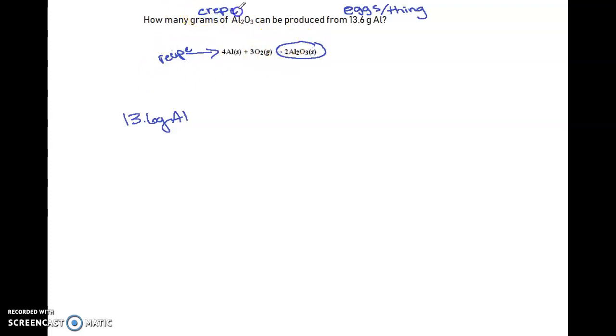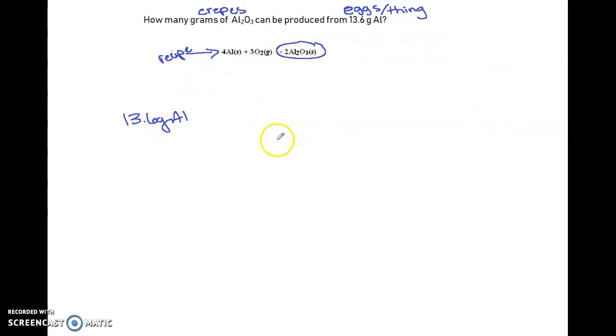This is just like a recipe kind of problem with just mathematically a few more steps. So I'm really converting in a way, which is why we use stoichiometry, it's really just a fancy way of talking about dimensional analysis. If I have 13.6 grams, how many grams of this product, of crepes, am I going to be able to get out? So I need to take this grams and turn it into another kind of gram, a gram of a different substance.